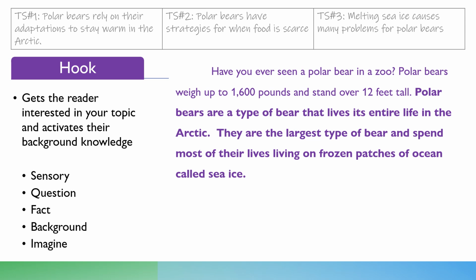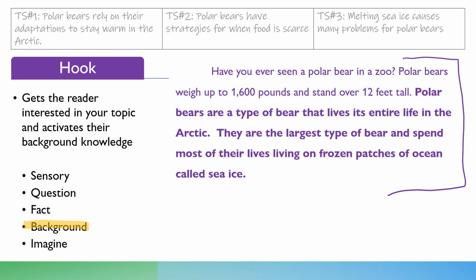Polar bears are a type of bear that lives its entire life in the Arctic. They are the largest type of bear and spend most of their lives living on frozen patches of ocean called sea ice. Which strategy is that? Right, that one's background. So really, when you look at this, you'll see I don't have one hook strategy because all of this is my hook.